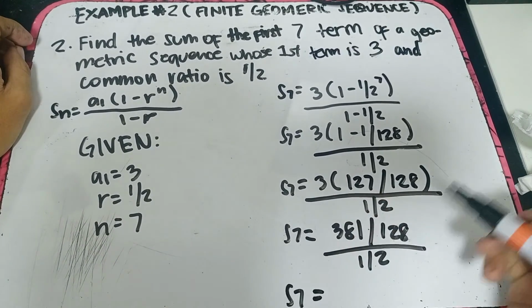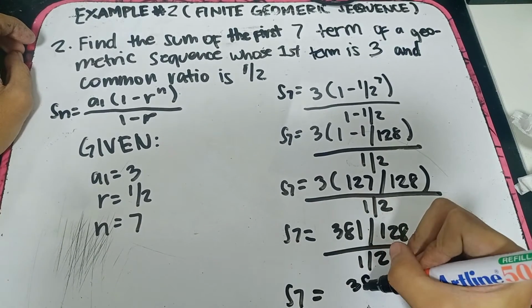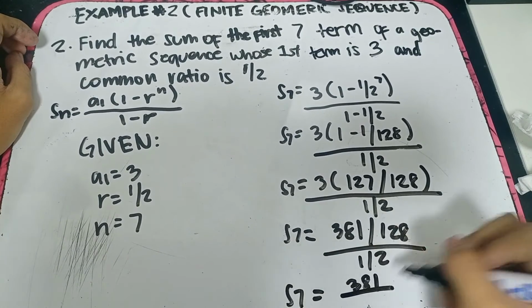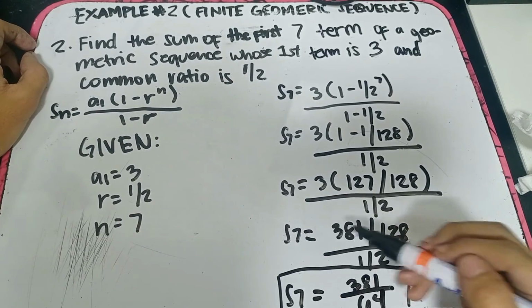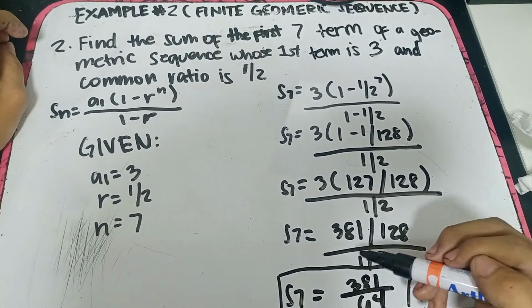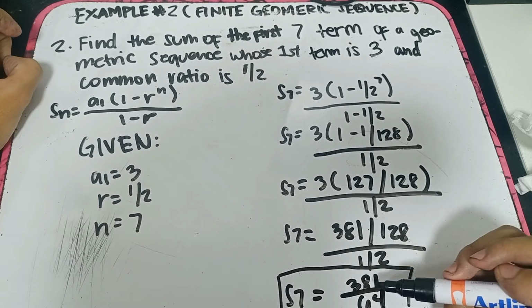So our S sub 7 equals 381 over 64, because 381 over 128 divided by 1/2 equals 381 over 64.